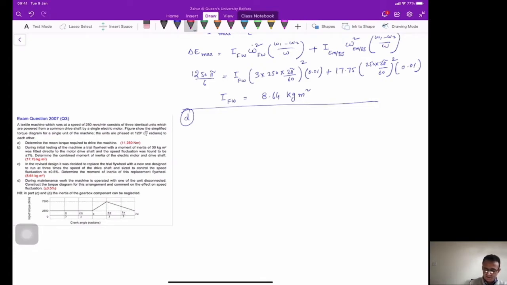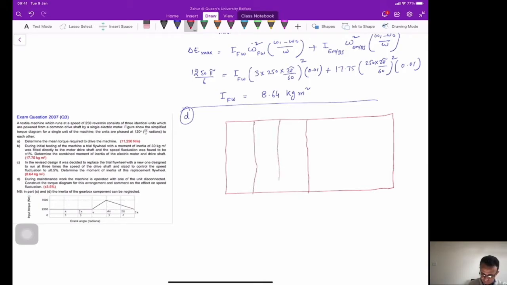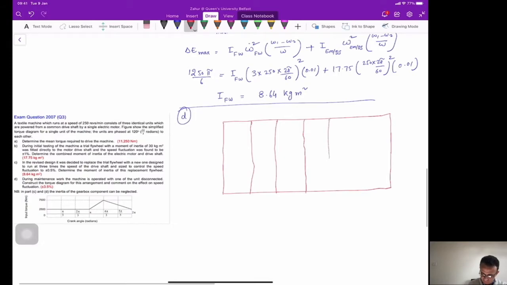So if you, for example, consider only 2 units here, okay, so if you consider this system here, and this is obviously crank angle, and on the y-axis we have torque, which is increasing in this direction here.